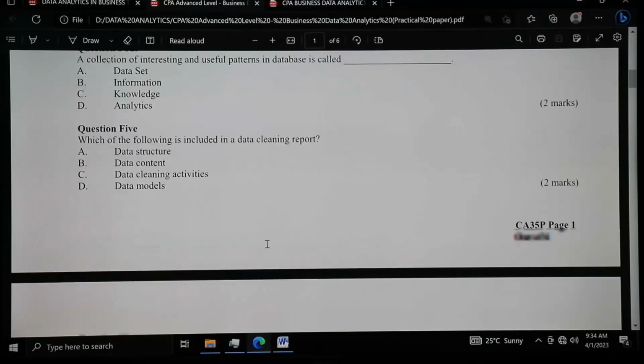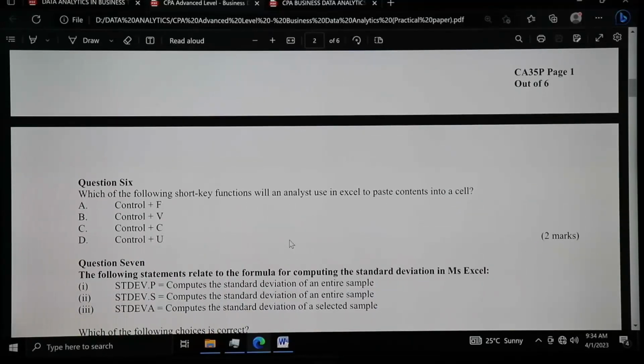Then the next question, you are supposed to give some shortcuts and their meaning. Which of the following key shortcuts will analysts use in Excel to paste the content in the cell? Now that is very easy, surely.